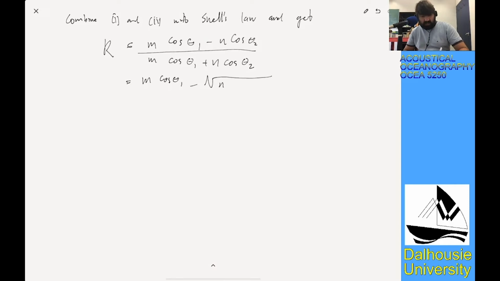Now we have N squared minus... So this gives us a reflection coefficient, all in terms of this index of refraction, ratio of densities, and the incident angle. Okay.